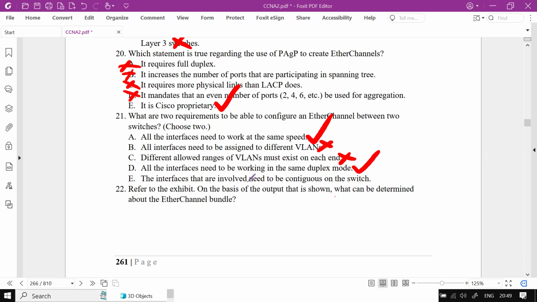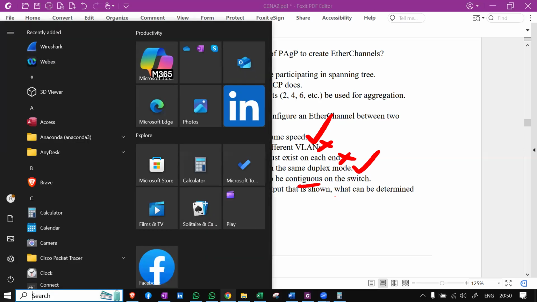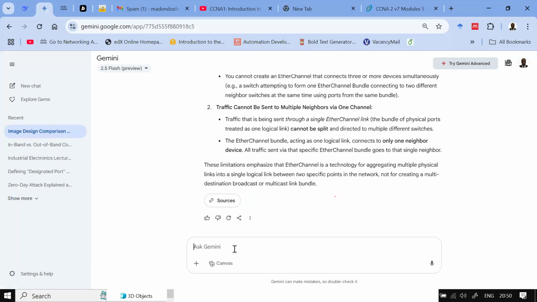The interfaces that are involved need to be contiguous on the switch. What does contiguous mean?